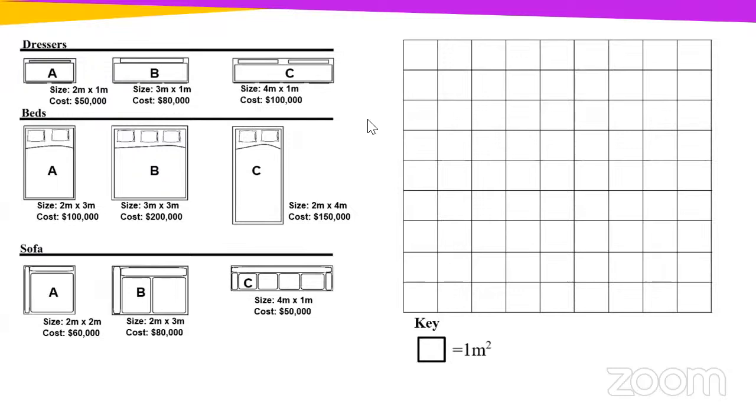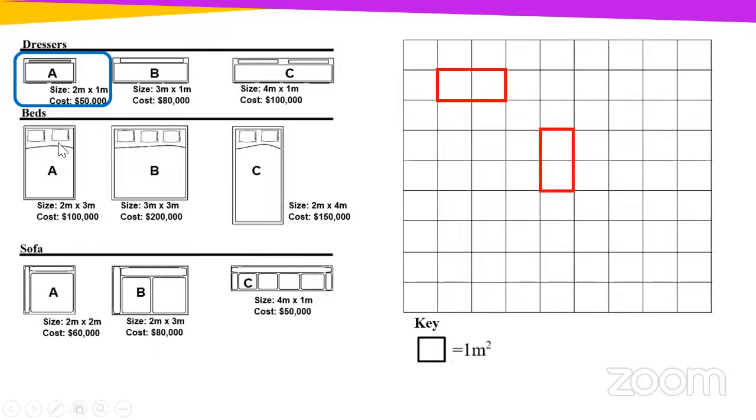Okay, boys and girls, we're going to represent dresser A on our grid. This is one representation, 2 by 1 meter. Another way we could represent dresser A is as 1 by 2 meters.